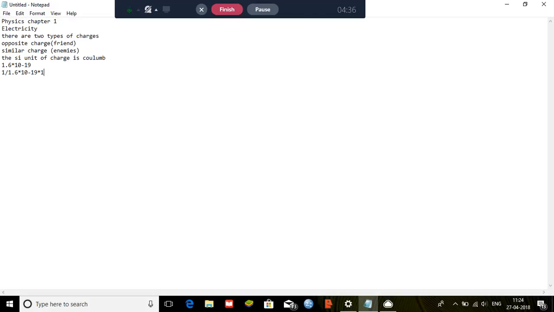It will become 10 raised to the power 19 divided by 1.6. Then the final answer comes: 6.25 into 10 raised to the power 18. So 6.25 into 10 to the power 18 electrons are there in one coulomb of charge.